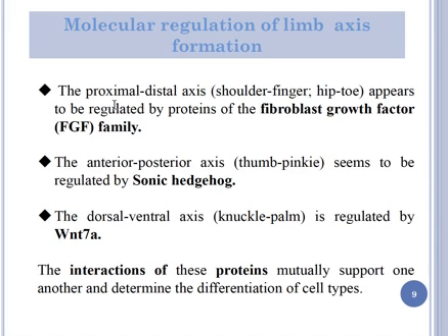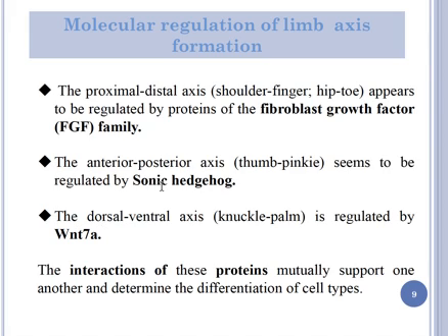So for each axis we have a specific signaling pathway to regulate it, and you should know here that these pathways are not independent. During growth we have interactions between these different proteins, between FGF, sonic hedgehog, and Wnt7a.